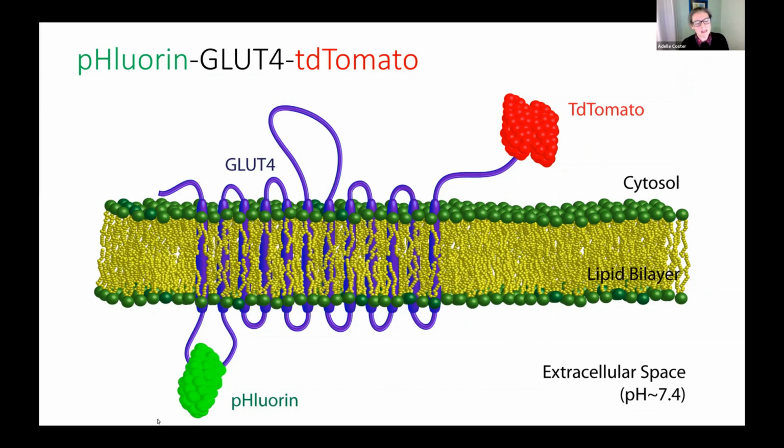If you add this nice tag, you can also add secondary conjugations so that you can use double marking on this type of molecule. You can express it in the cell and then use antibodies to activate the fluorescent markers.